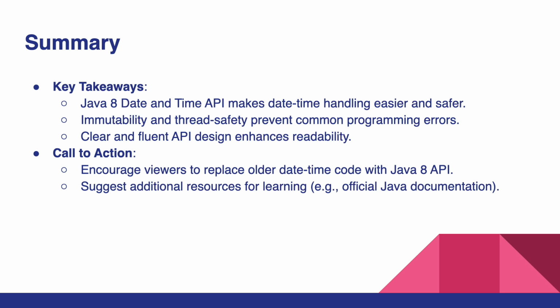I encourage each of you to consider refactoring any legacy date time code in your project to leverage these new features, ultimately improving both the readability and clarity of your code base.